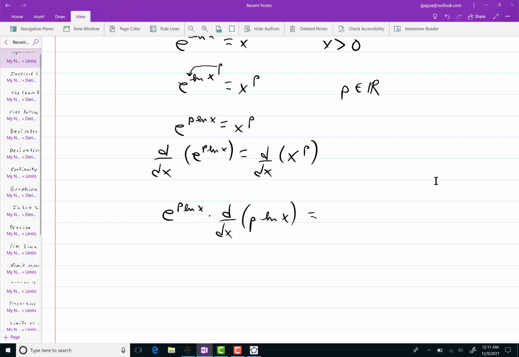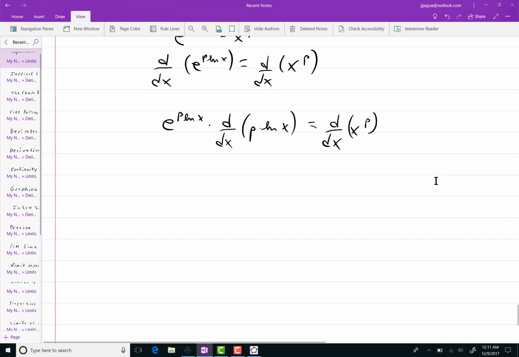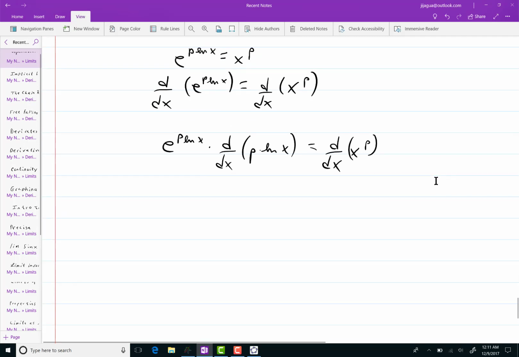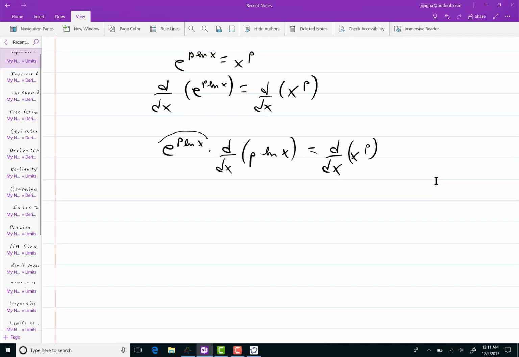This is going exactly like before. p is a great letter to choose because pi is the letter p in Greek. So I think I'm going to change that e to the p ln of x back to x to the p. So you're referencing the original function and its derivative. And then the derivative of the rest of the stuff is going to just be p over x because p is a number and the derivative of ln of x is 1 over x.